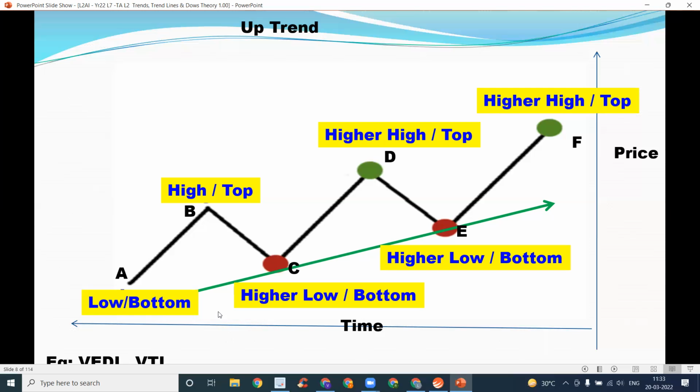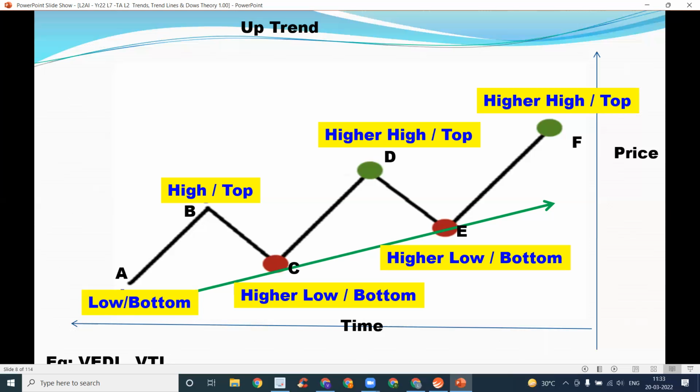And if I connect the points below C and E with an arrow, the green arrow, you can see the arrow is slanting upwards. The higher the slant, the steeper will be the rise. If I want a good stock, I will not look for a very steep rise, but I would look for a rise at 45 degrees or 60 degrees.